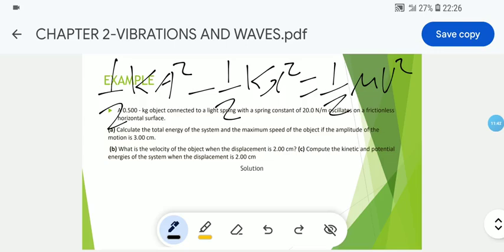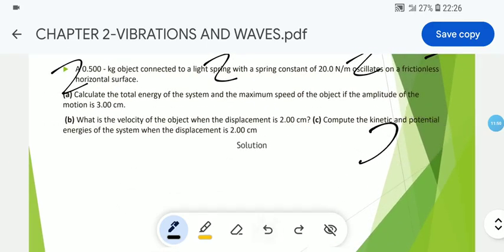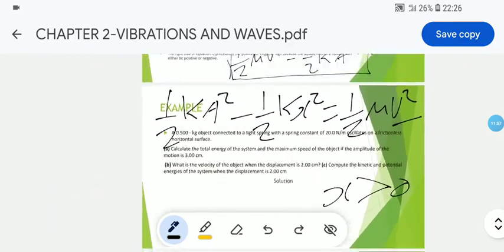Then you can solve for v, because your interest is to find v at a certain position where x is not equal to 0. So that's where it is coming from.